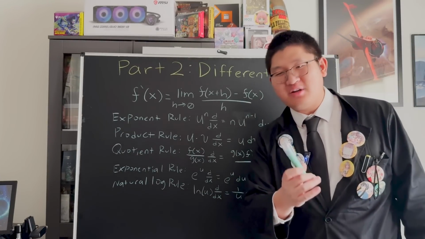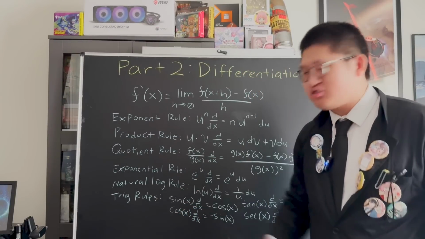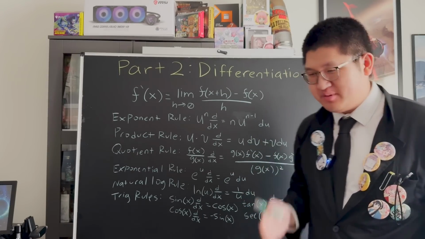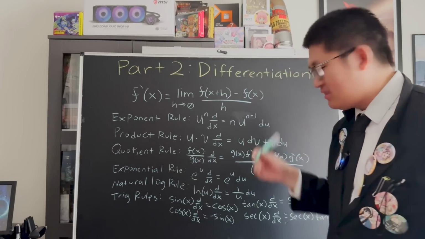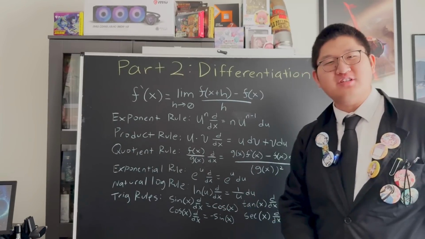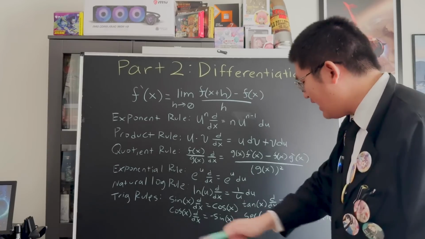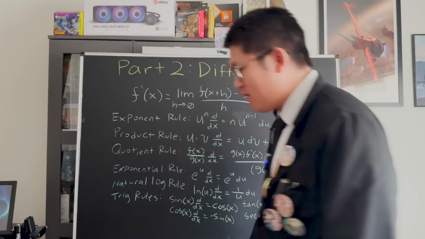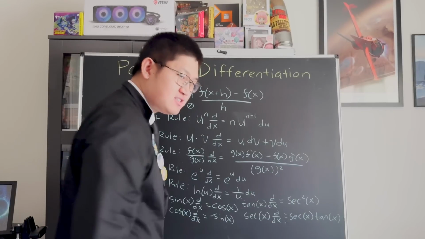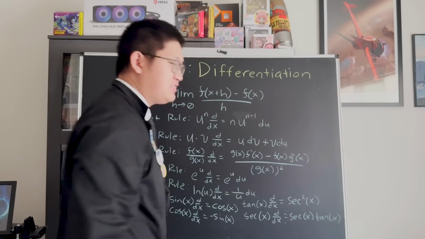Now one last one of a whole slew of these guys, the trig rules. We have 4 that are the most common, and there'll be some other ones later on, but the most basic ones are that sine derivative goes to positive cosine, but the cosine derivative becomes negative sine, and then going over to the other side, we have the tangent derivative going to secant squared, and then secant derivative goes to secant times tangent.